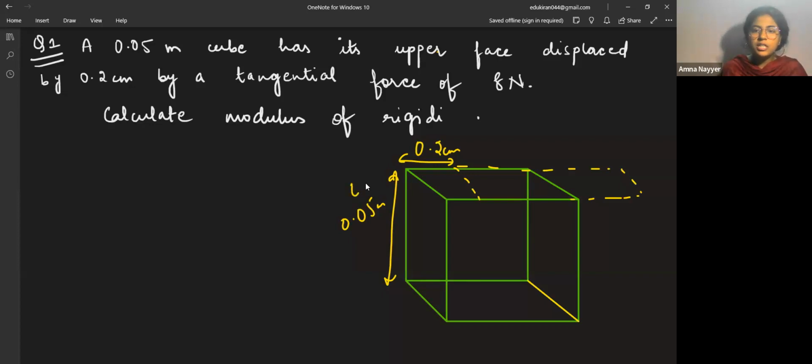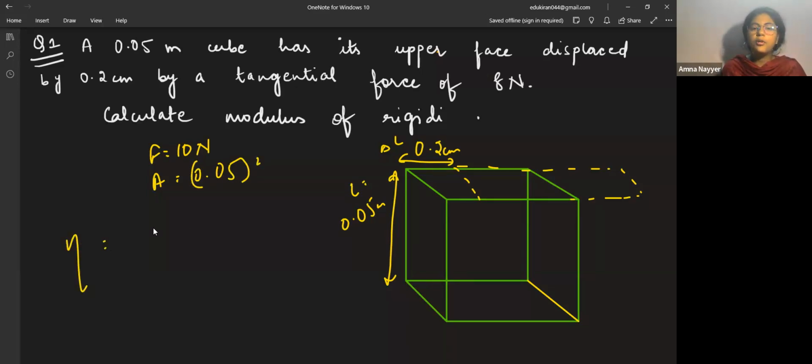So this is the original length, this is the change in length. Force applied is 10 Newton. And what will be the area of this displaced area? This will be side into side, that is 0.05 whole square.